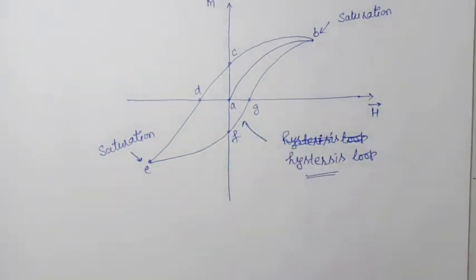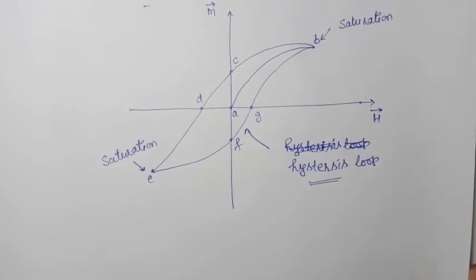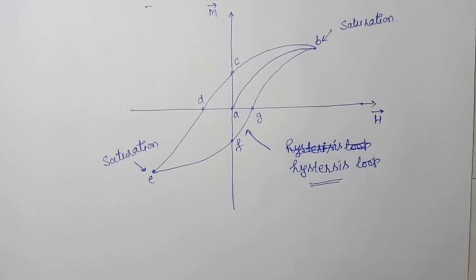This shows that the magnetization not only depends upon the magnetic field, but also upon the history or nature of the material. So in summary, diamagnetic and paramagnetic materials are linear materials, and ferromagnetic materials are non-linear materials. Okay, thank you.